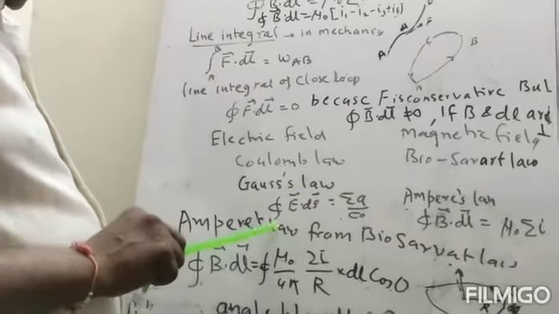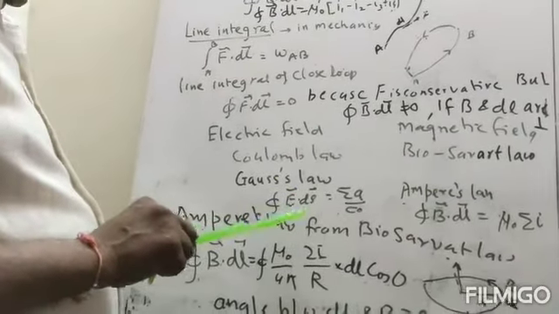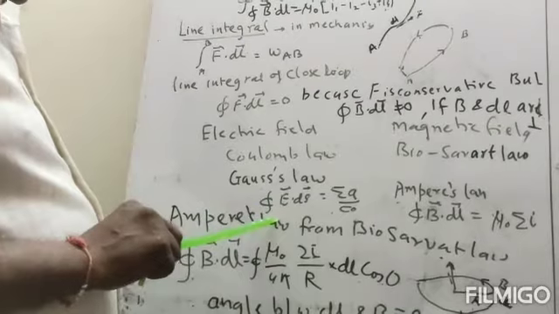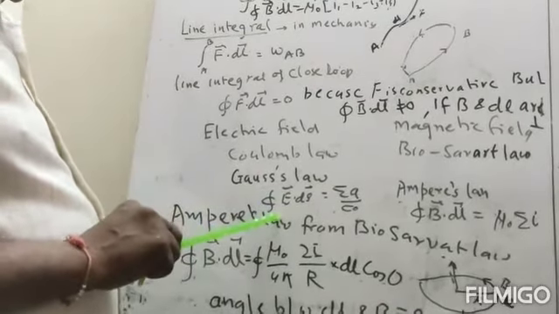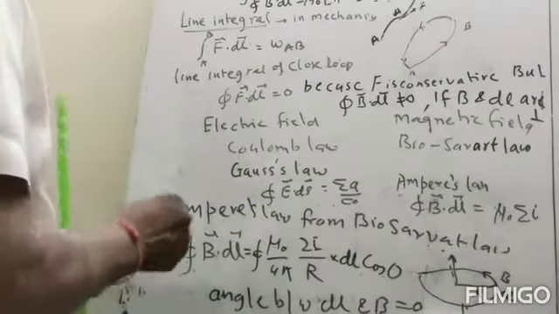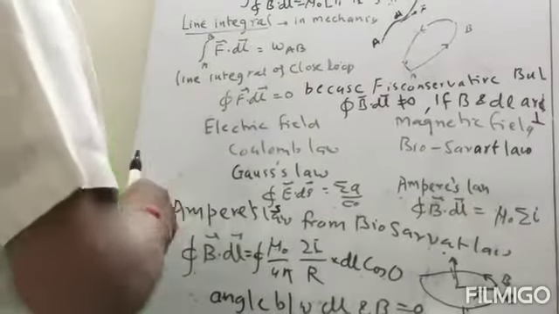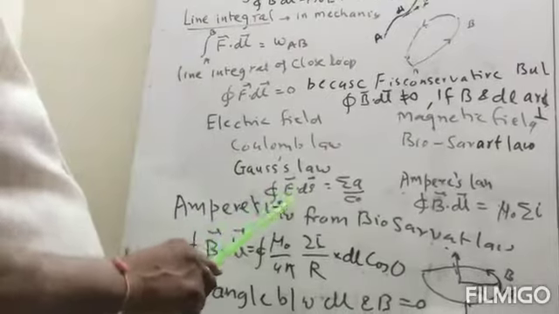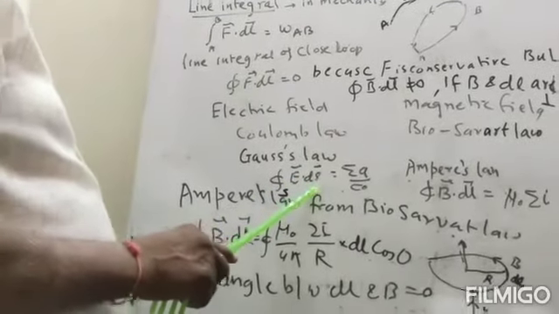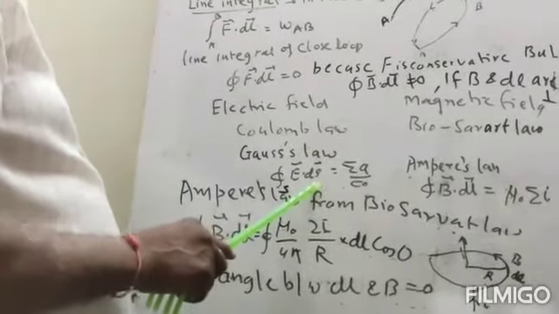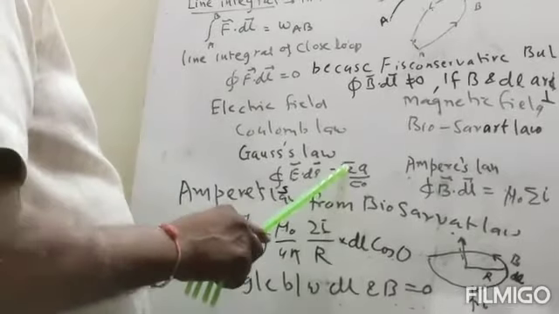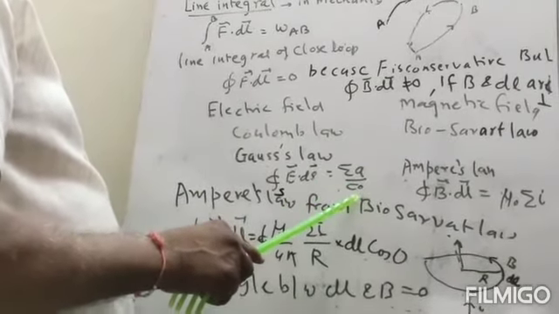So the surface integral, not line integral, you can write S here, that will be more proper. The surface integral of E dot ds, where ds is the area vector, is equal to the summation of q divided by epsilon 0.